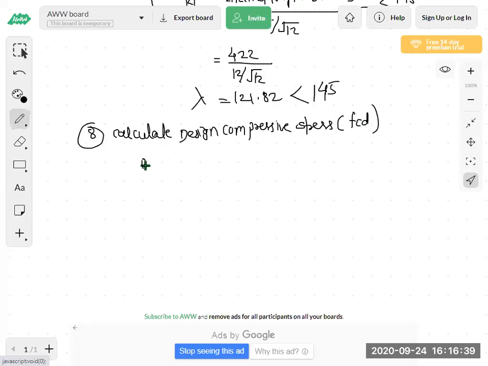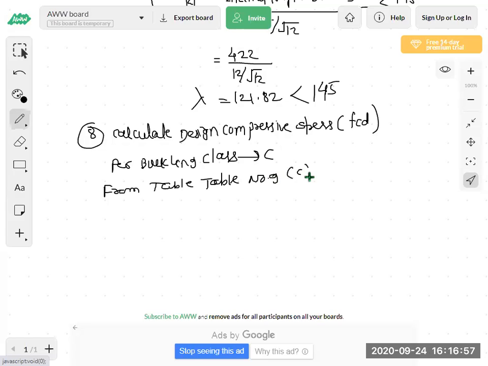Also for lacing plate we have to choose buckling class C. Now go to table number 9C. From table 9C, for fy equal to 250 Newton per mm square, lambda and fcd value we have to find out.